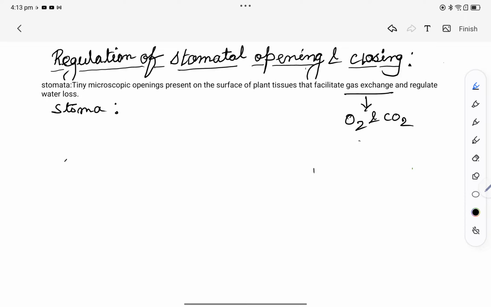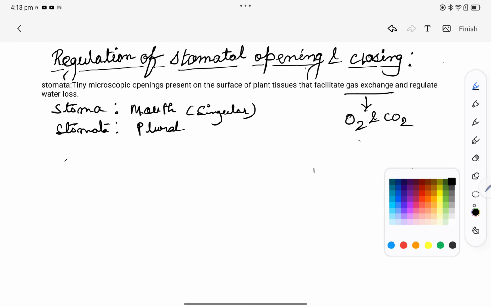The word stoma comes from the Greek language and it means mouth. Stoma is the singular form and stomata is plural.